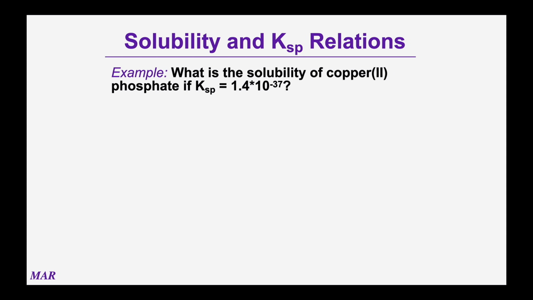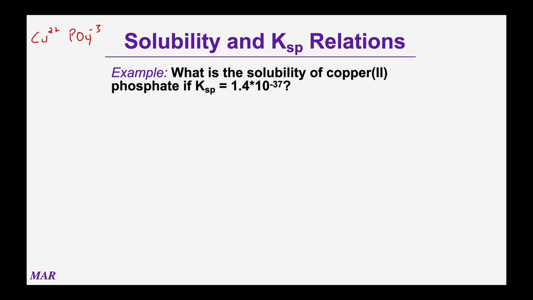So let's say we wanted to find the solubility of copper II phosphate if KSP equals 1.4 times 10 to the minus 37th. What we would have to do in a problem like this is first of all find that ratio of cations to anions. Well, copper II means Cu2+, and phosphate, a polyatomic ion, is PO4 3-.